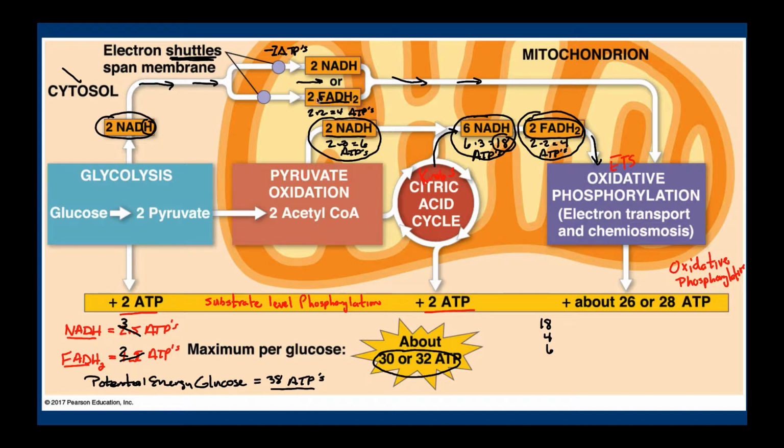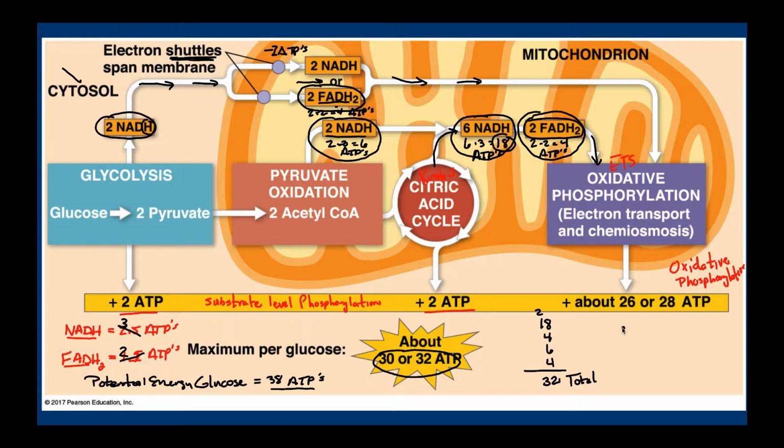Okay, and then let's just say we're going to use the 2 FADH2s that came out of glycolysis, where the electrons were shuttled from NADH to FADH2s. So that was a conversion of 4 ATPs. We do the math: 12, 18.